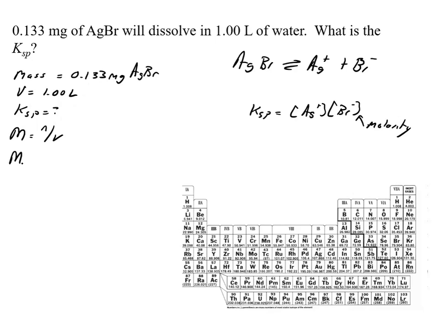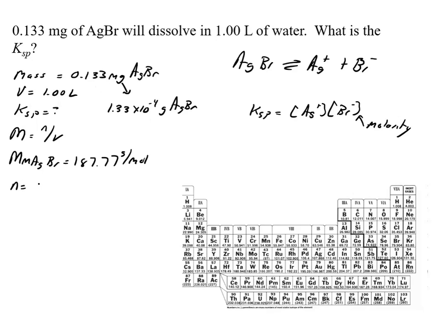So I need the molar mass of silver bromide, which is equal to 187.77 grams per mole. This needs to be in grams, so this is 1.33 times 10 to the negative 4th grams of silver bromide. Okay, I just divide by 1,000.